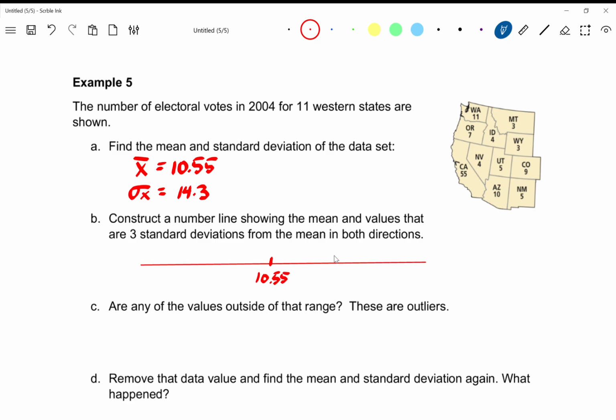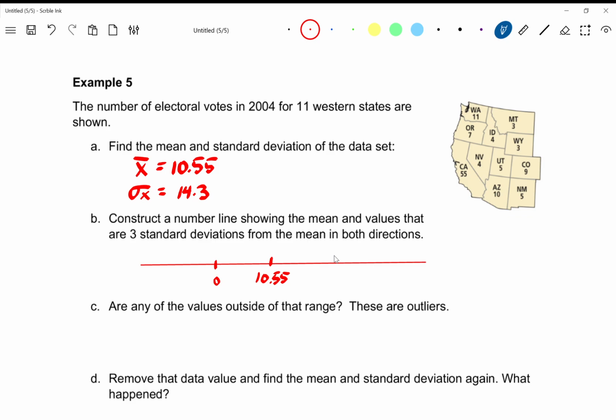Now, if I go one standard deviation to the left of 10.55, I'm going to go 14.3 to the left, and that would put me into the negatives. For this particular example, it doesn't totally make sense, because going into the negatives can't really happen for electoral votes. But I can go to the right.